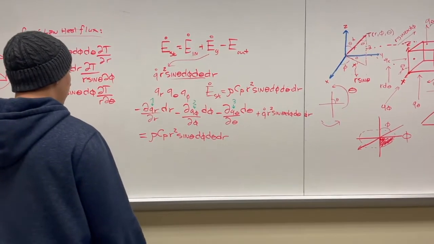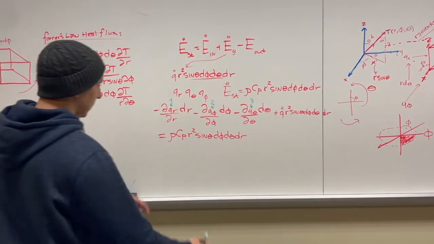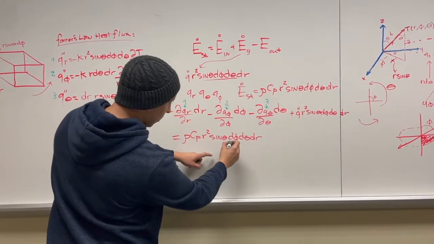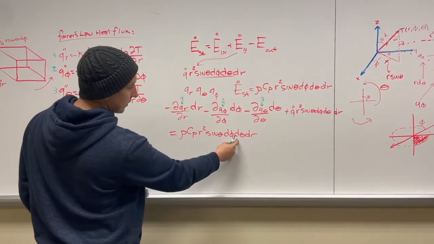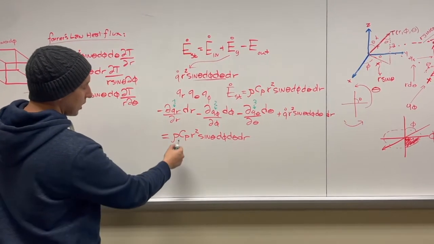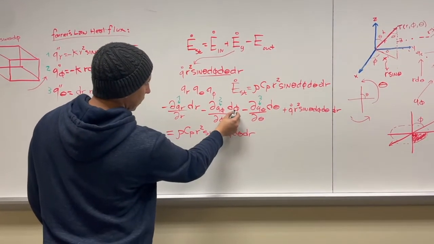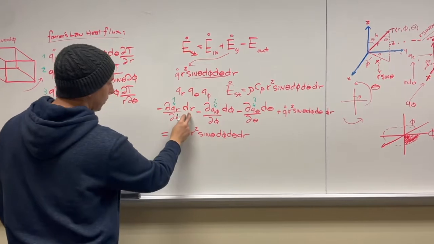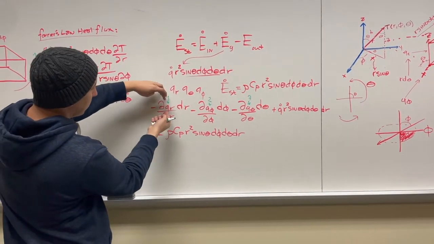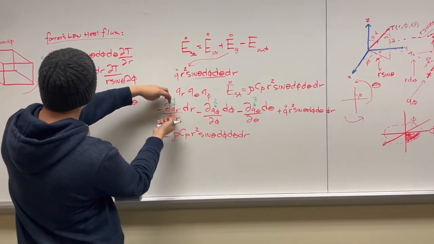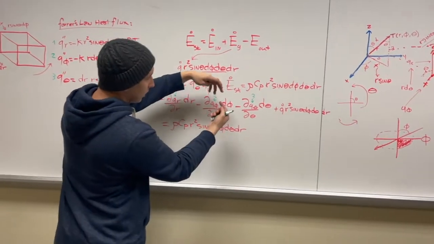And what's going to end up happening is you're going to plug these in, and you're going to divide by all of these terms. This is going to factor out the d phi, the d theta, and dr, because if you haven't noticed, when you have this d phi, this d theta, and this dr, the other directions automatically get put in when you put in the heat flux equation associated with the Q r, the Q phi, or the Q theta.